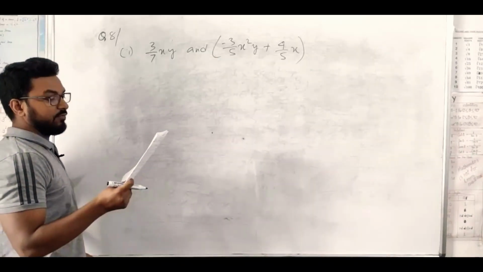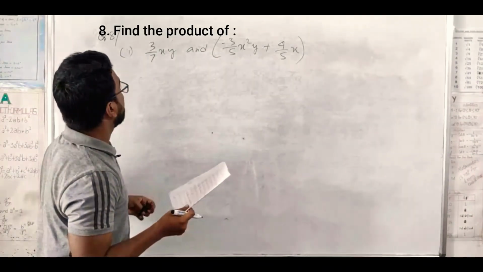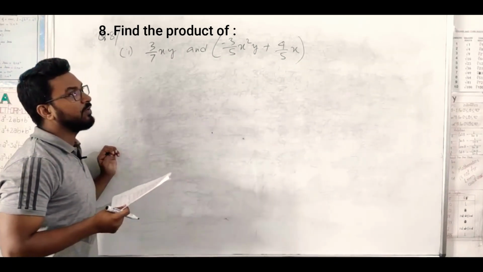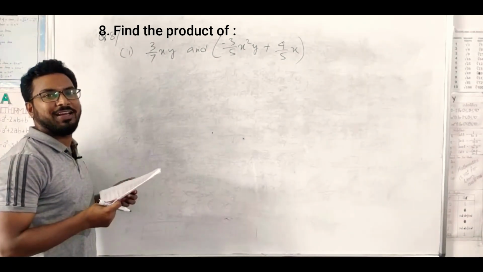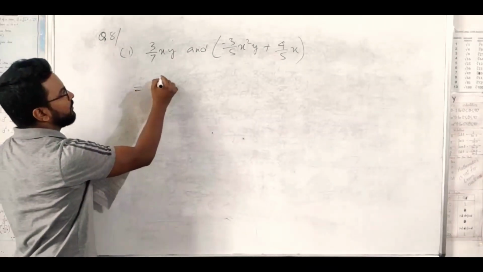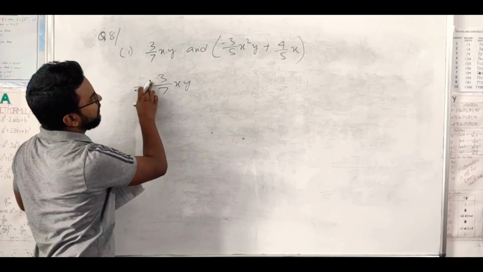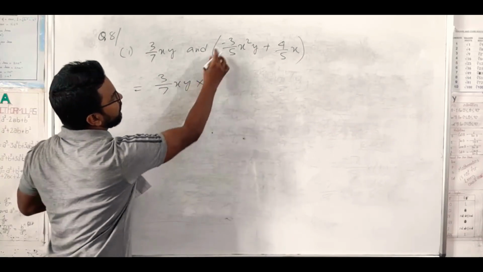Our next question is again, find the product of 3xy and minus 3 by 5x square y plus 4 by 5x. This is similar to the last question. So you have to multiply 3 by 7xy into the first term.